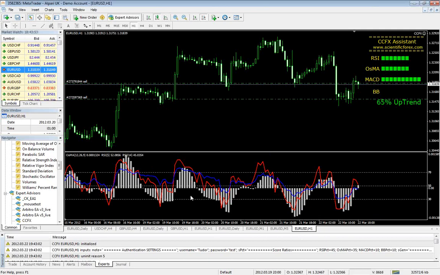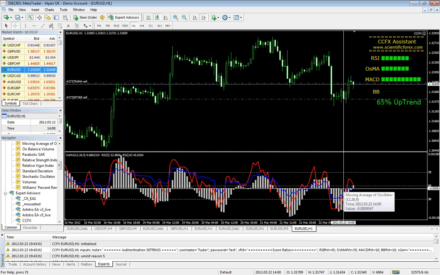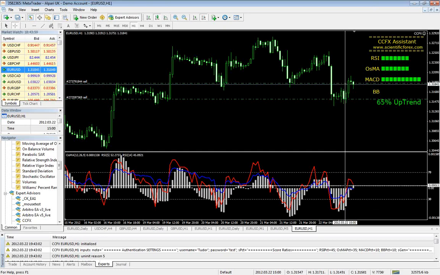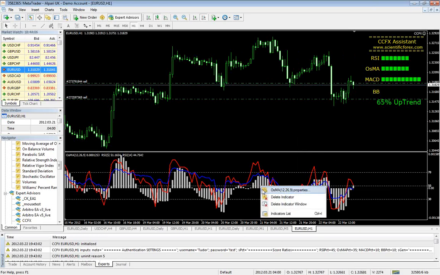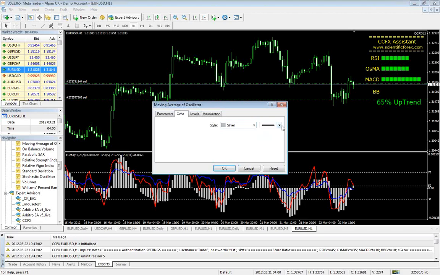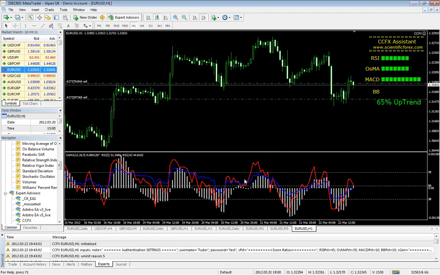Okay, many of you were asking how to adjust the 0 level of OSMA to the 50 level of RSI, so it's easier to see for many people.